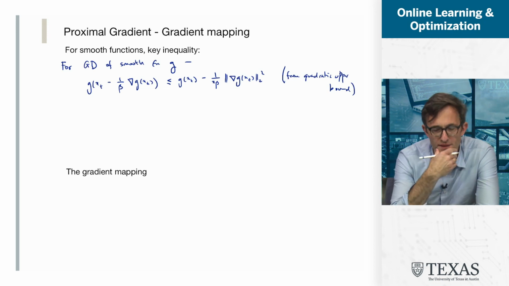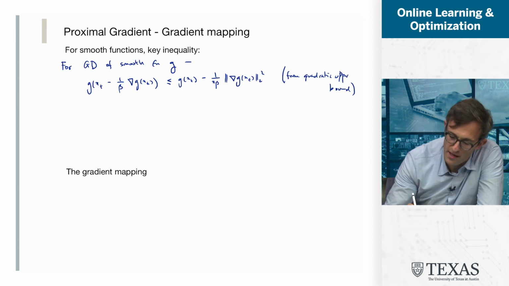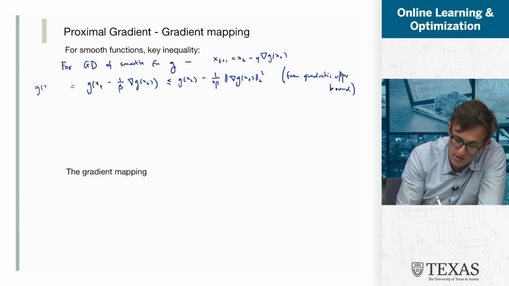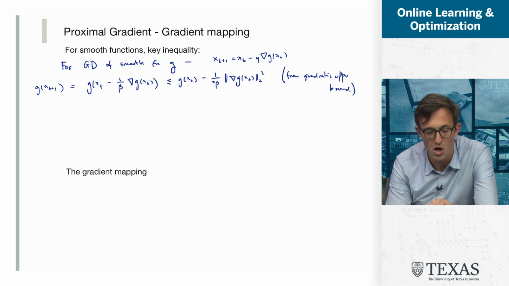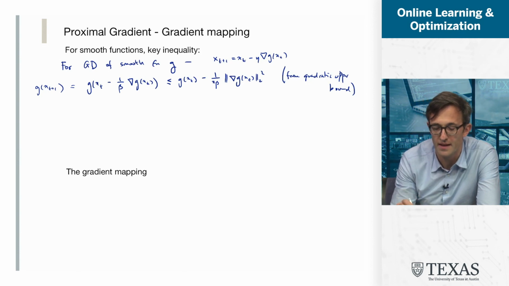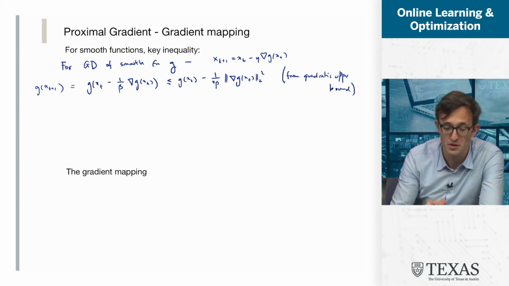But what do we have now? Now I don't even have xt and xt plus 1. Remember, before my algorithm was xt plus 1 equal to xt minus eta gradient of g of xt, so this was really equal to g of xt plus 1. And if you think about how all of our proofs have gone, they've used the fact that xt plus 1 minus xt is some quantity that we could point to.